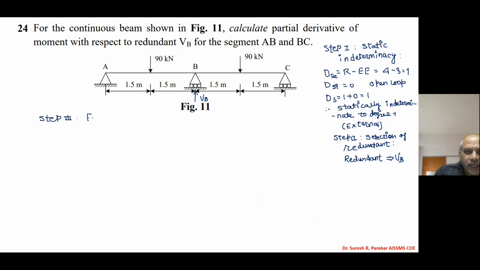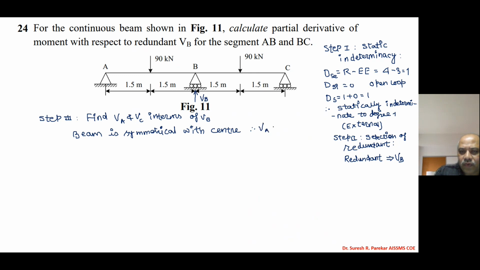Now we have step 3. We will find VA and VC in terms of VB. As the beam is symmetrical about the center, VA is equal to VC.